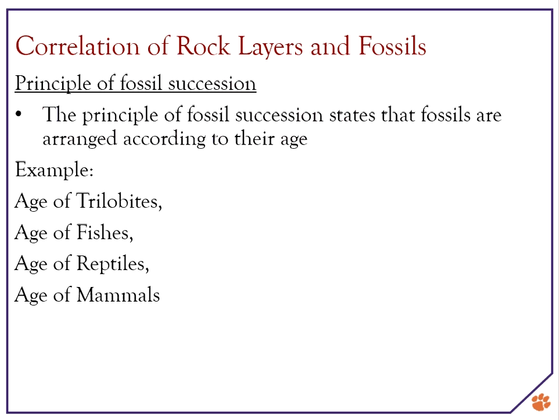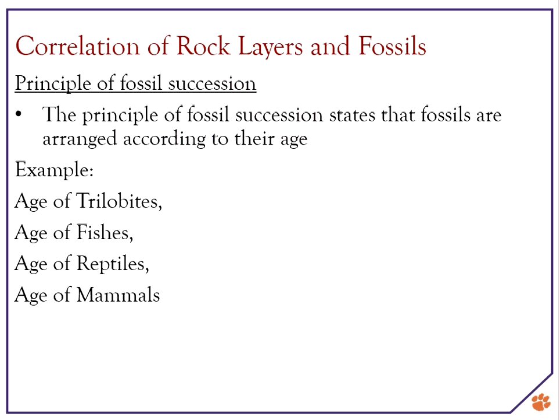The first one is the principle of fossil succession. So we know that in the Earth's history, we have different eras, with different types of organisms, which will provide us different types of fossils being grouped. And in this case, we can have them arranged according to their age. So for example, we know that the age of trilobites was the oldest one.